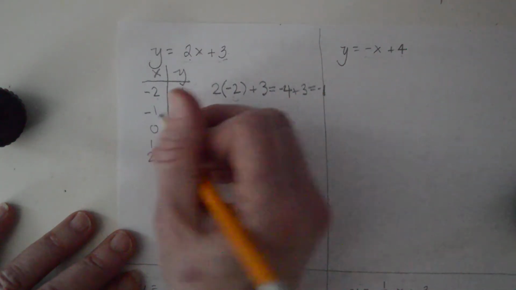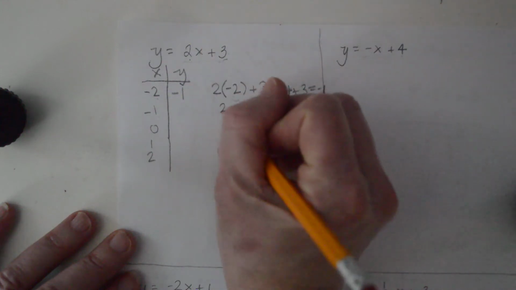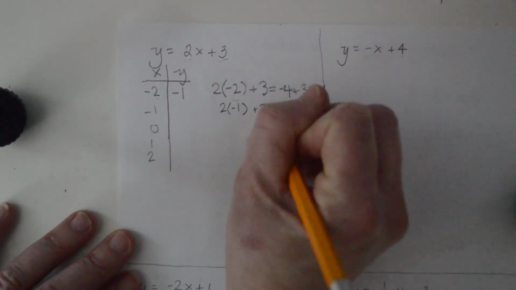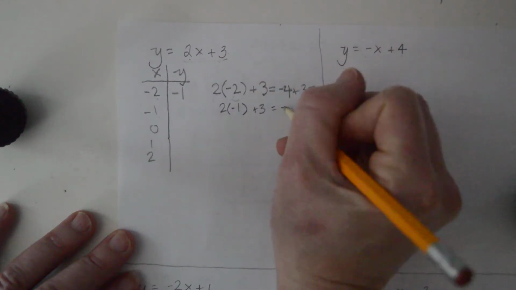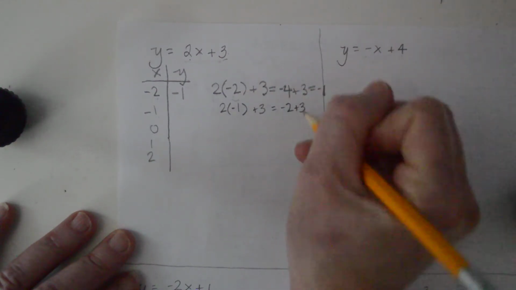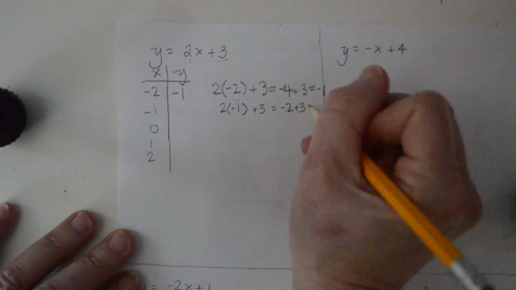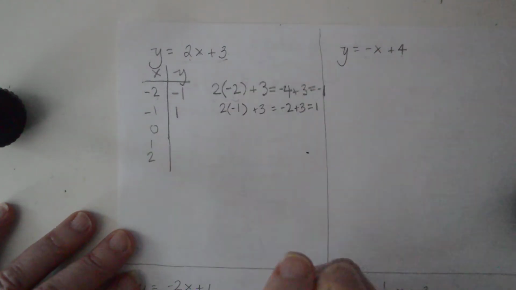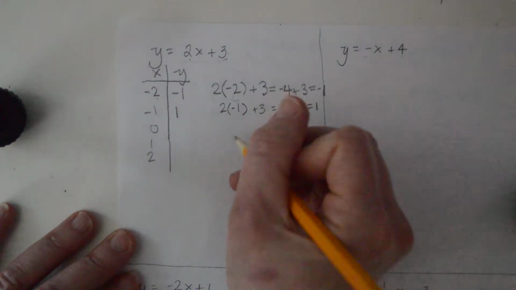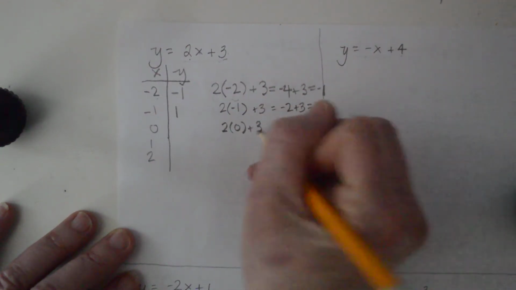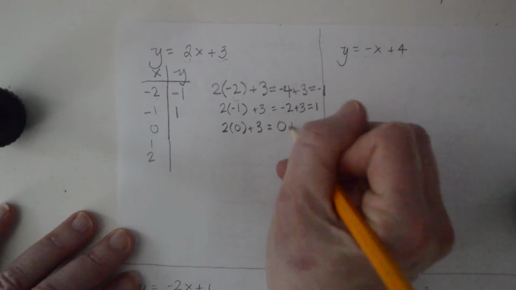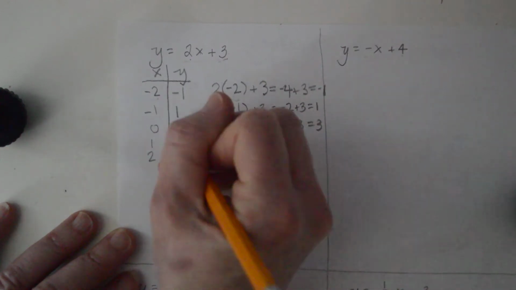All right, the next one, negative 1. Our pattern again says do 2 times negative 1 plus 3. 2 times negative 1 is negative 2, plus 3. Negative 2 plus 3 is 1. Next one says do 2 times 0 plus 3. 2 times 0 is 0, plus 3 is 3.